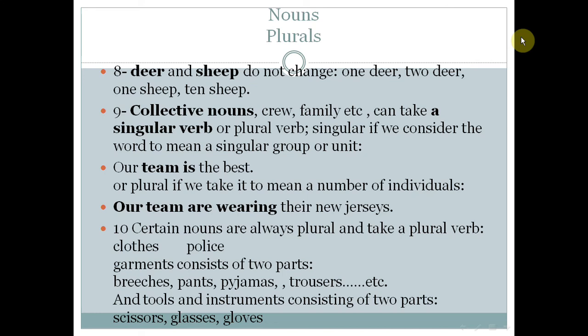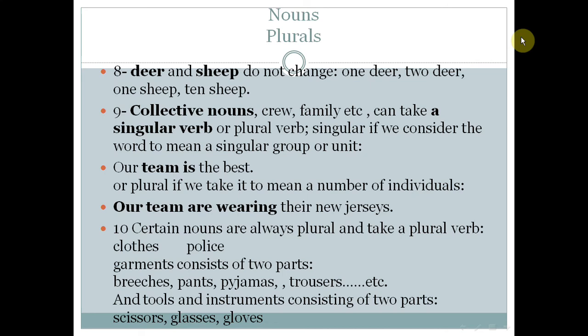Our team are wearing their new jerseys. So if we consider the word to mean a single group or unit, it takes a singular verb. But if we mean a number of individuals, it takes a plural verb.